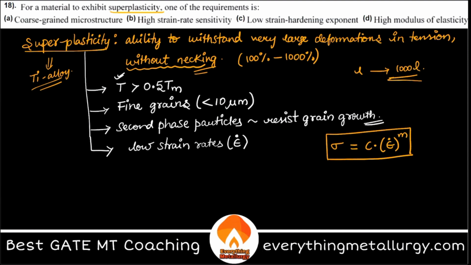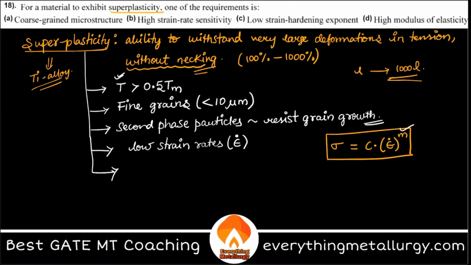Here epsilon dot is nothing but my strain rate. So from here you can see, if epsilon dot is less, obviously your sigma will be low.